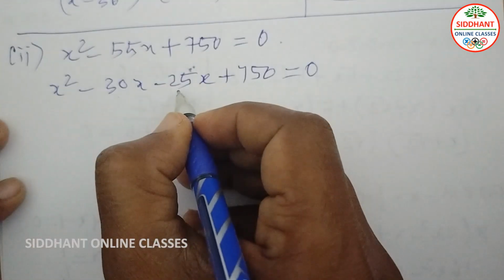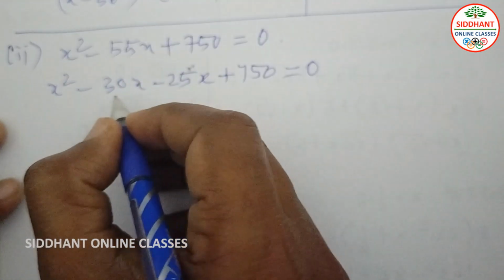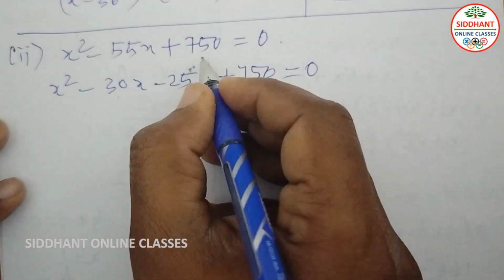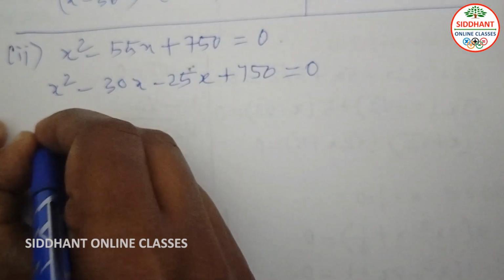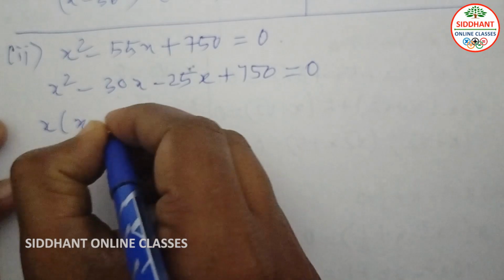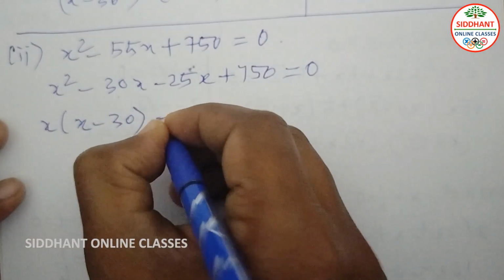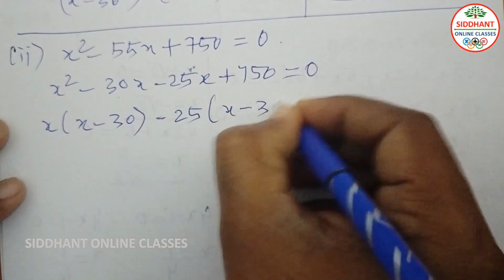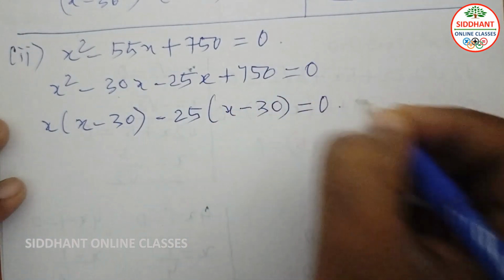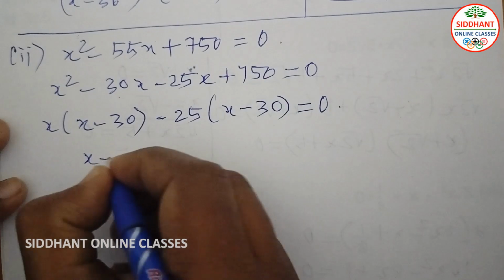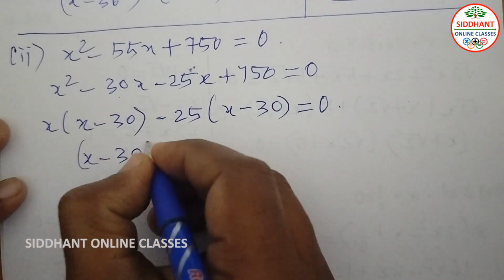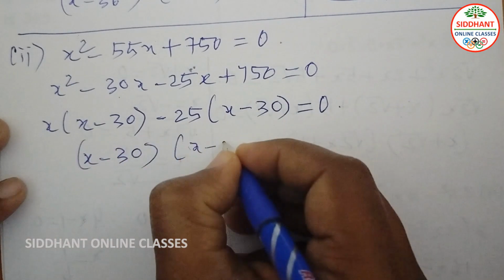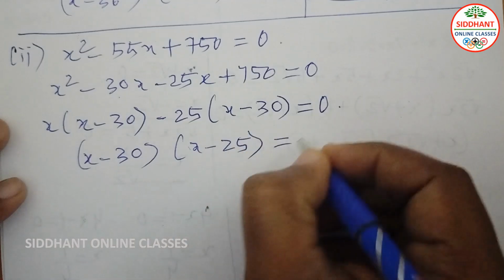Minus 30 minus 25 is minus 55, and minus 30 into minus 25 is 750 here. Taking x common, x minus 30, taking 25 common, x minus 30, that equal to 0. So here x minus 30 and here x minus 25 equal to 0.